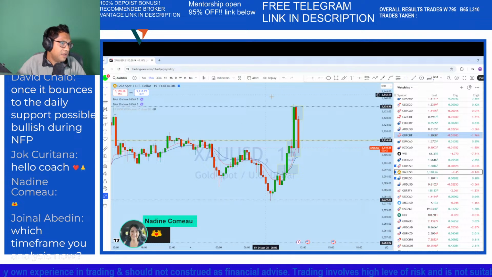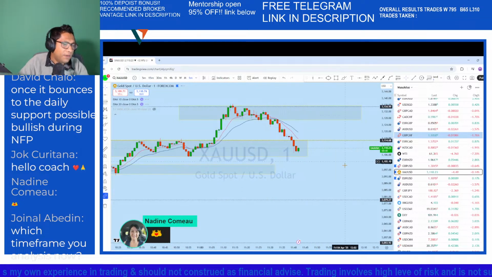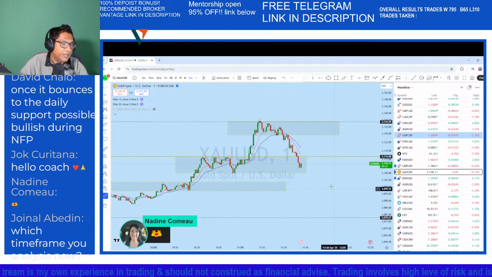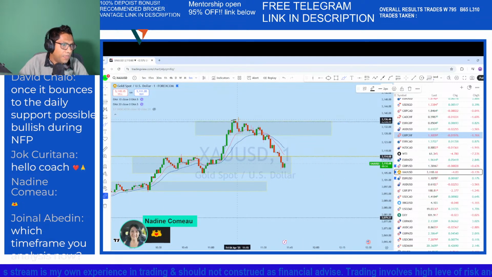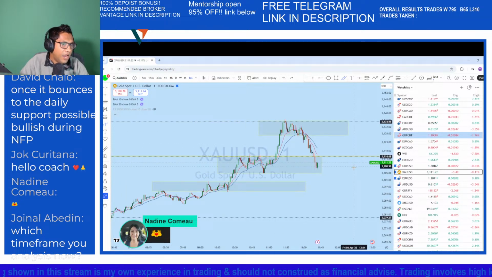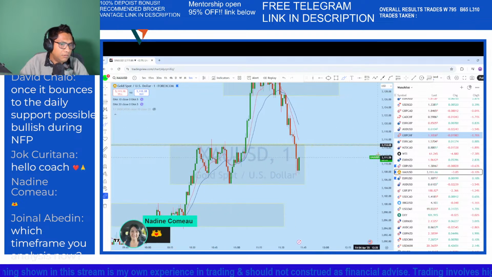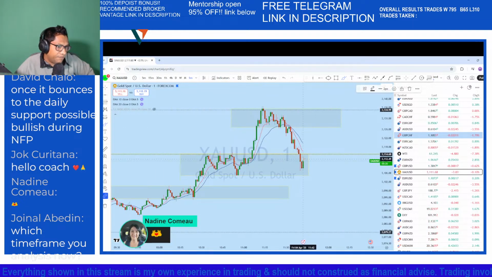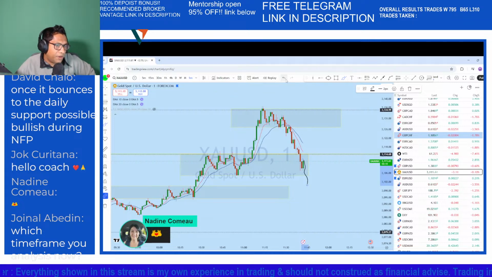And looking at the 1 minute, here is what we can see: a series of lower high structure formation. We have seen that break down here, and we can see that the market is dropping back below here.